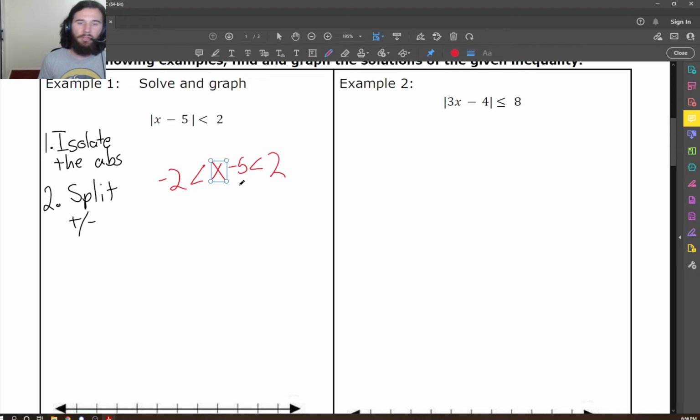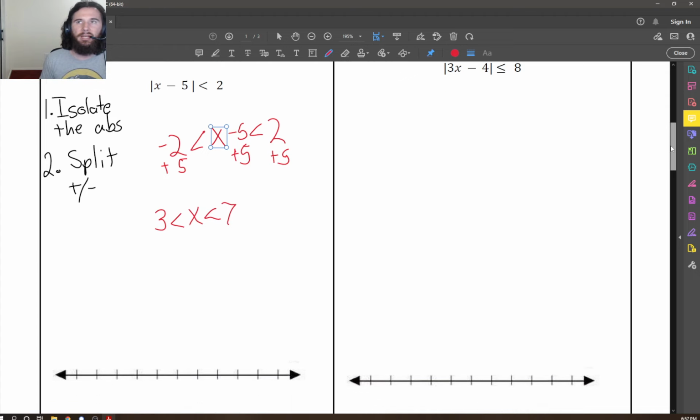And then from here, we solve it just like an equation. I've got to get rid of the minus 5, so I need to put the 5 back. So plus 5, and I also have to do plus 5 over here. So we end up with negative 2 plus 5, which is 3, so 3 is less than x, and 2 plus 5 is 7.